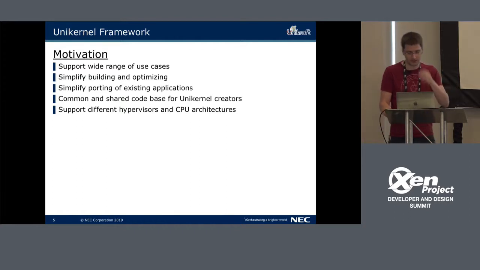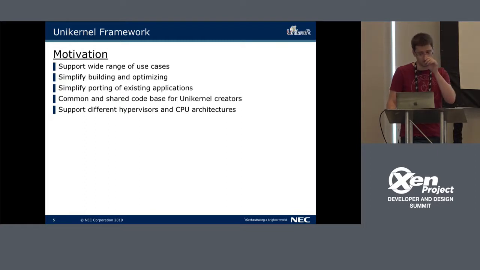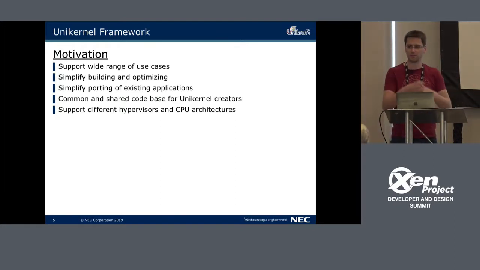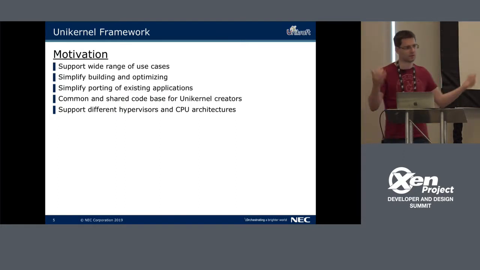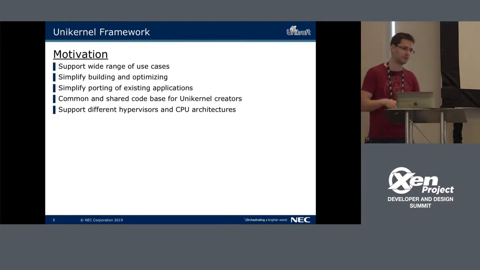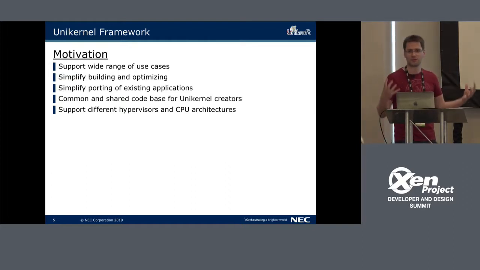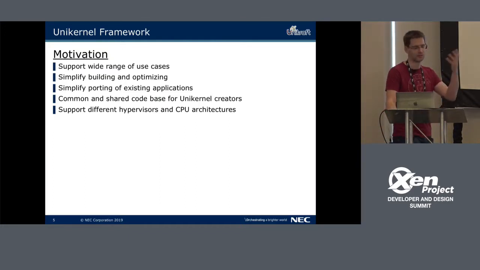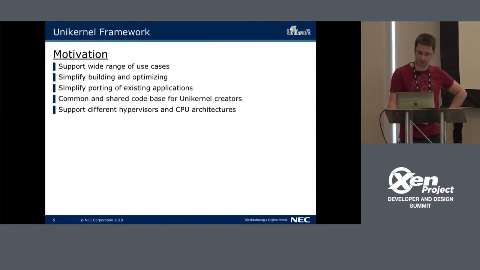We wanted to simplify porting of existing applications. Wanted to create a common and shared code base so that other unikernel projects can make use of it and can contribute back to individual pieces. That is kind of the whole open source thing, beneficial for all projects in the end, right? Say one is developing a specific driver, other unikernel projects can just use it. And of course, we want to have a really wide range of different hypervisor and CPU architecture support.